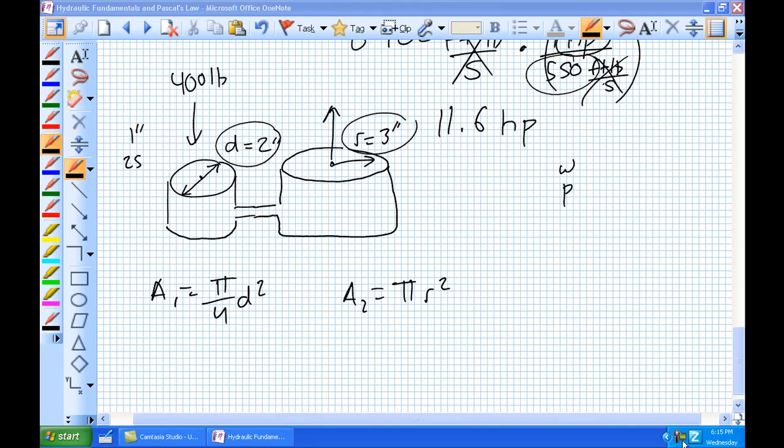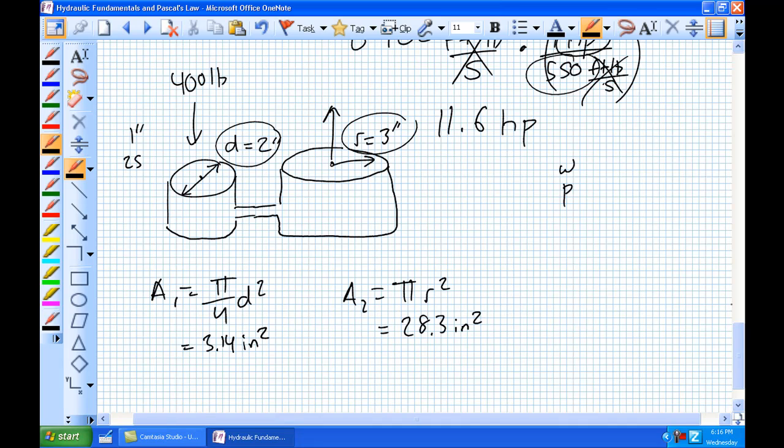You should be getting an answer of 3.14 inches squared for area 1, and for area 2, 28.3 inches squared. Check your work, because remember, a radius of 3 is a diameter of 6.